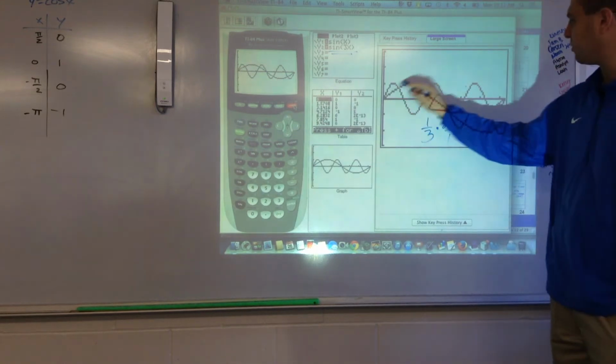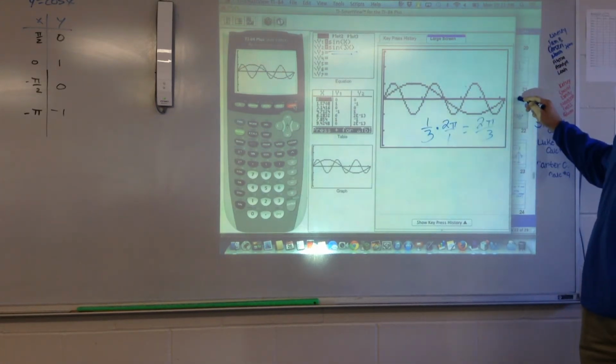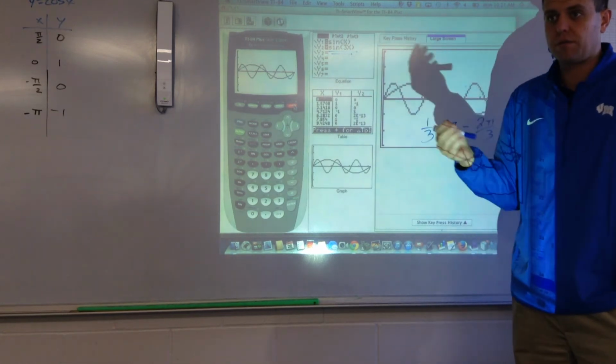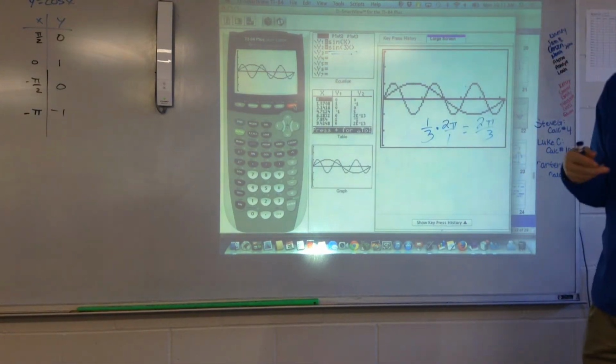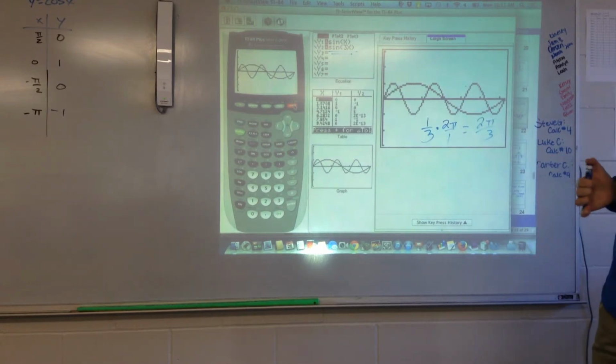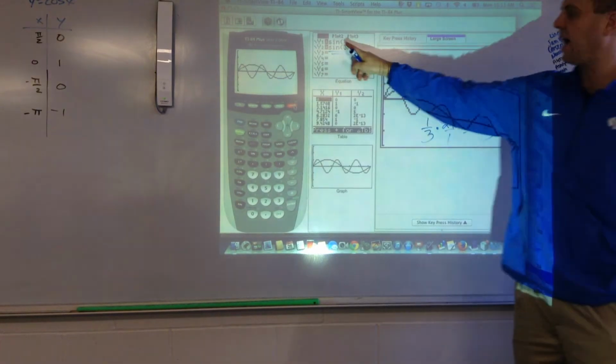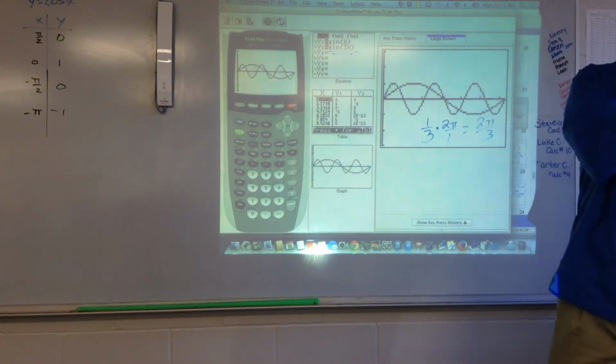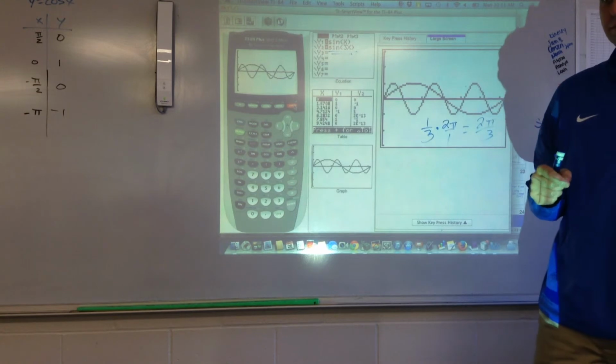Because how long did it take the original? 2 pi. If I'm dividing it by fourths, 2 pi divided by 4 is what would be the new period, which reduces to pi over 2. Okay. What if I put a 5 there? 2 pi over 5. Yep.